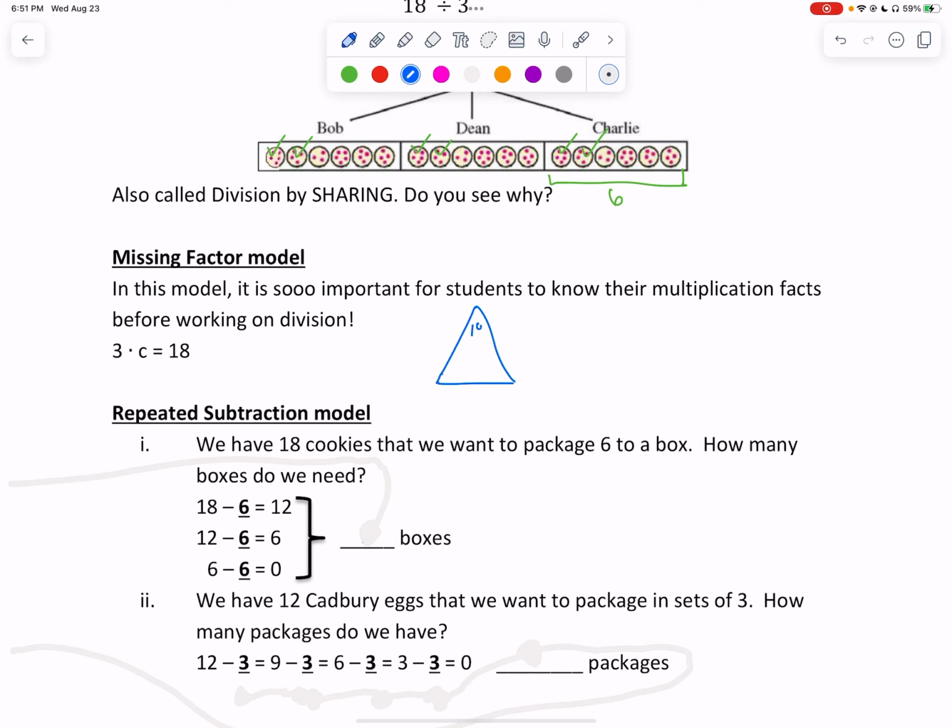So if they remembered that 18 is 3 times 6, then they can quickly find out the answer to this one, because 3 times what is going to give me 18, and that's going to give me my 6 right there. So if they know their fact families or number bonds, the missing factor model will be really easy for them. If they don't have their multiplication facts memorized, then the missing factor is pretty hard, okay?